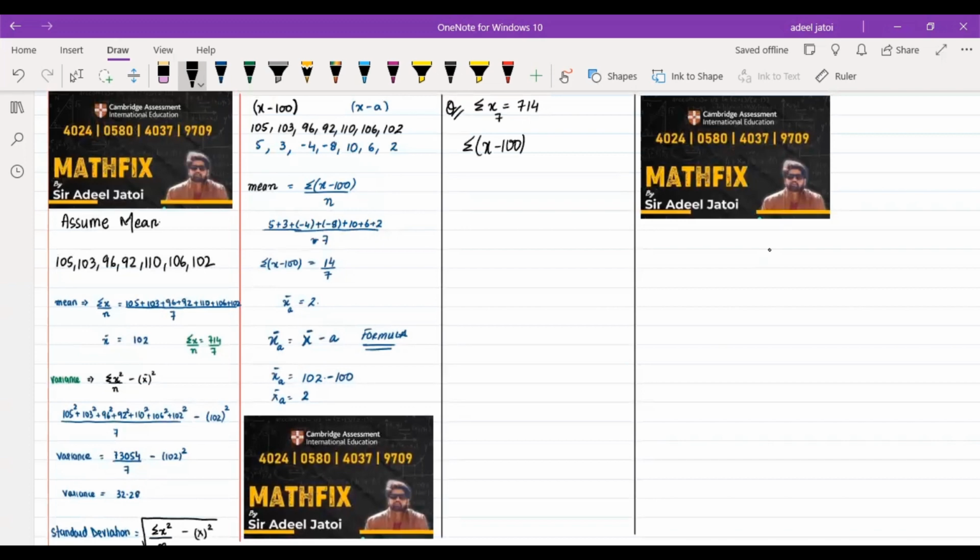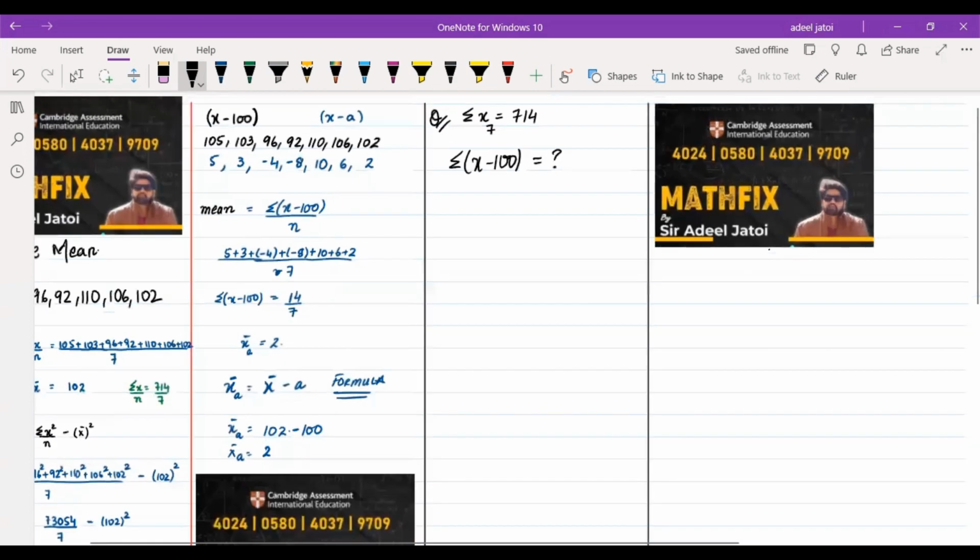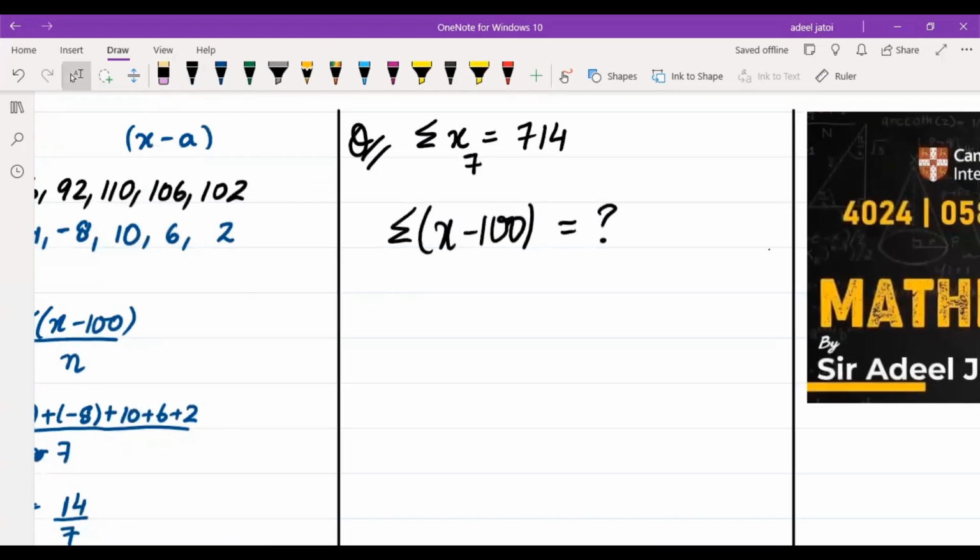You might be asked to take out the sum of x minus 100, that is, the assumed sum. You already know that this value is your A.